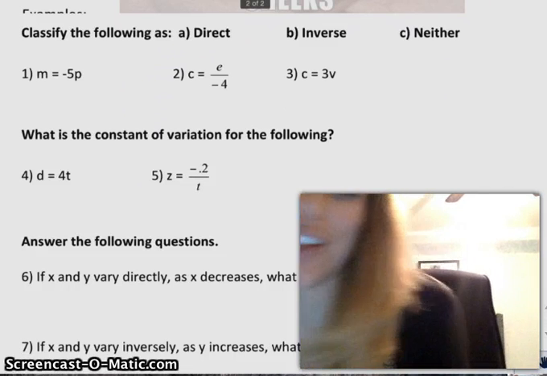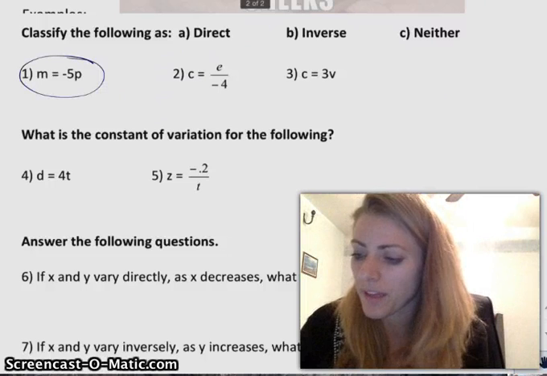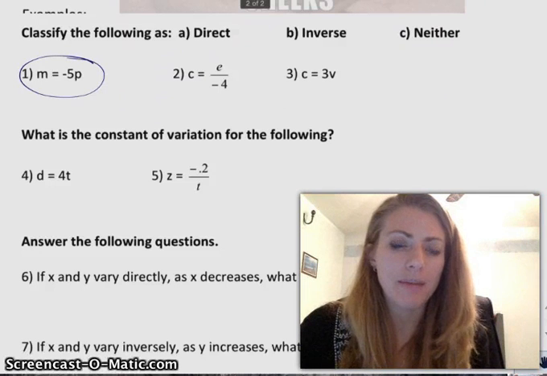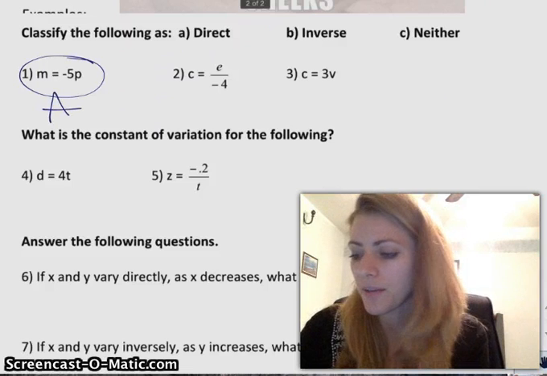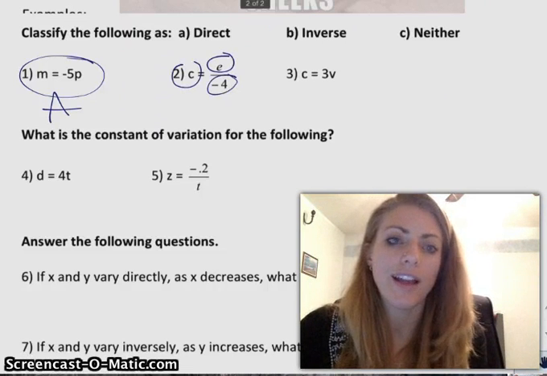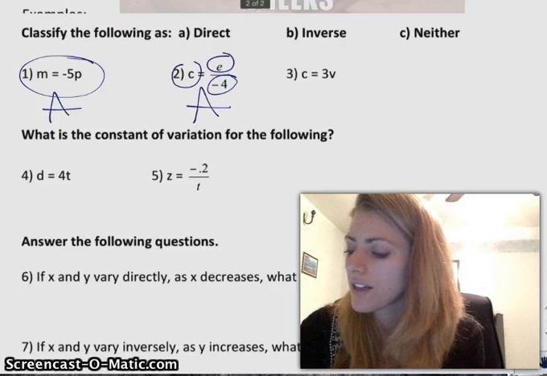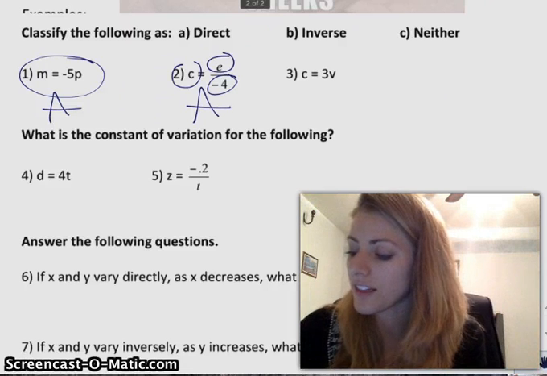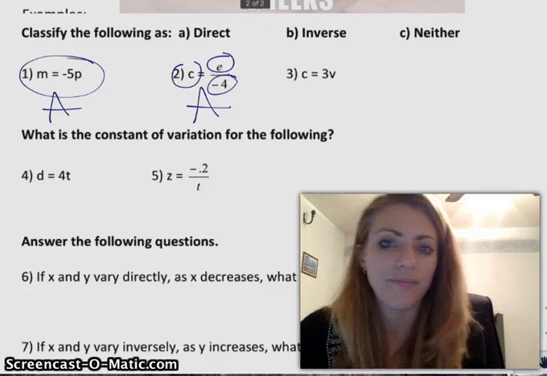So classify the following as a direct, inverse, or neither. First one, as m increases, p increases, that's direct, A. The second one, c and e over -4. As c increases, e is also going to increase, so that is also direct. And look at the last one, also c equals 3v.